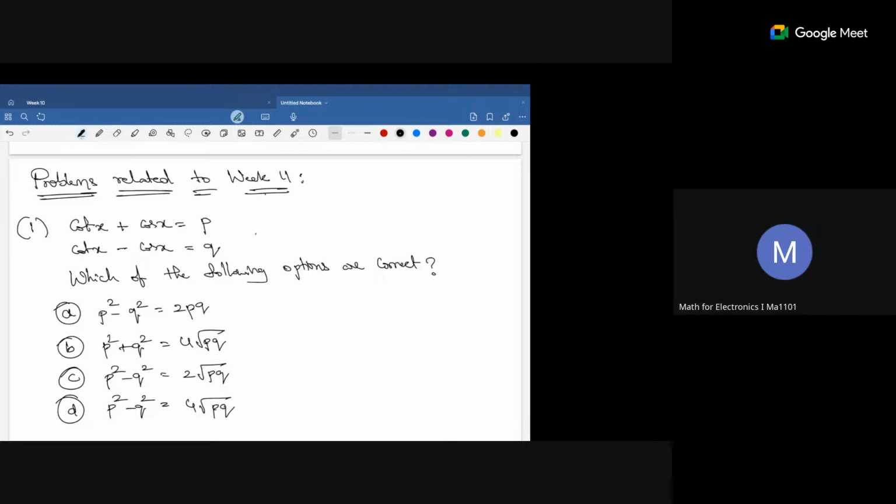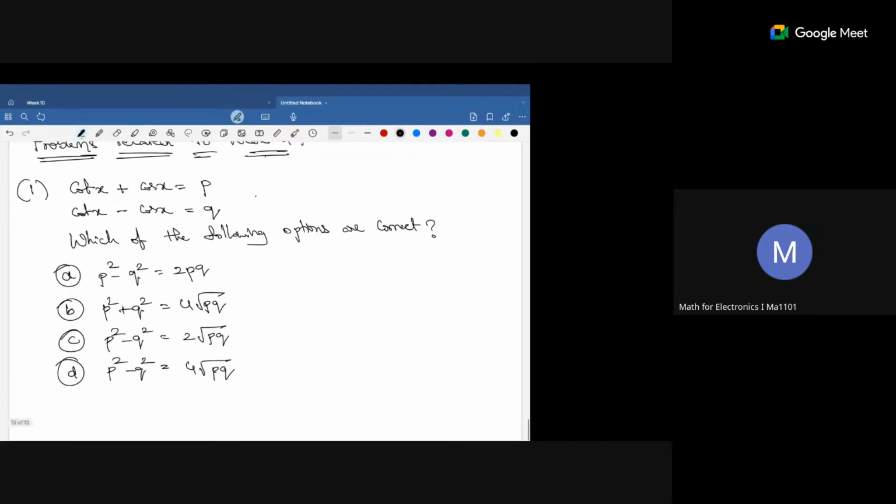Okay. Let me put this also. Option E, none of this. So for safety, this is my safe option. Okay. So those who are trying, you guys can try. Those who want the solution, just take a break of 2 to 3 minutes and come back.